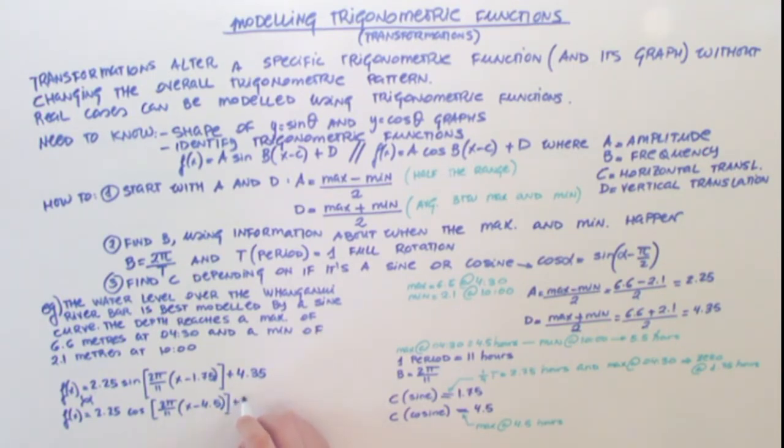And then I can use this function to find whichever value I need for this specific case of the water level of the river.